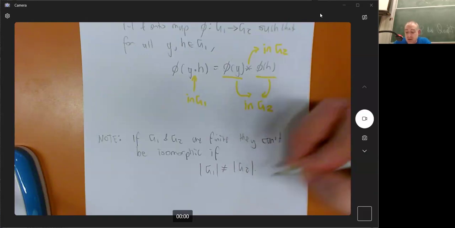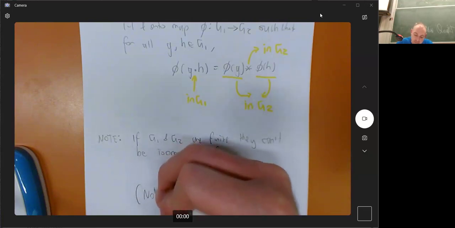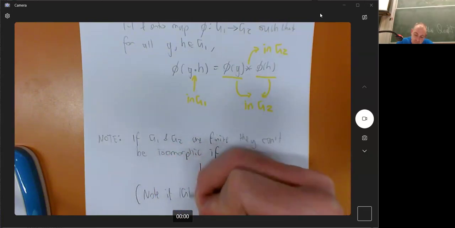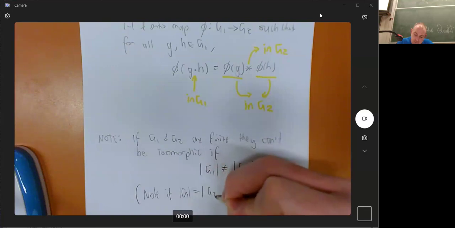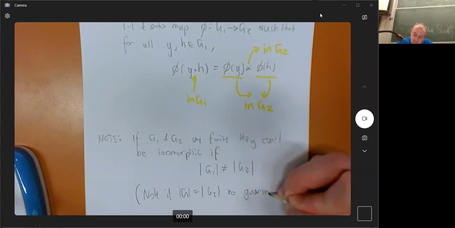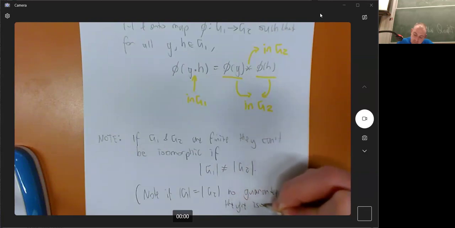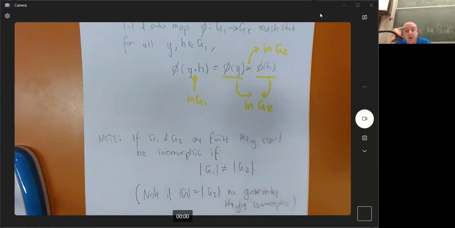Right. If they are the same size, there's no guarantee they're isomorphic if they're the same size.